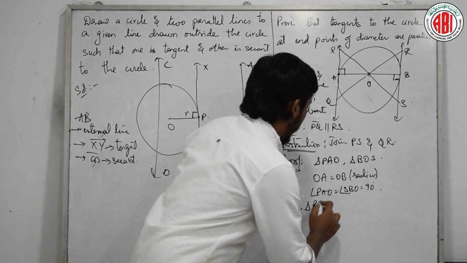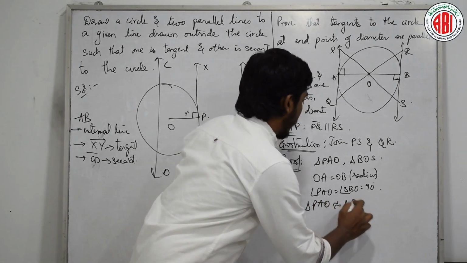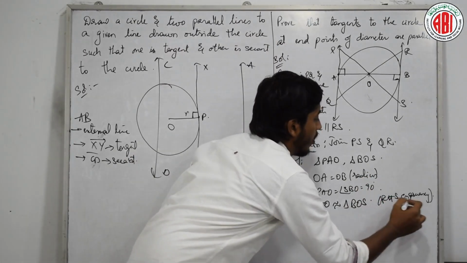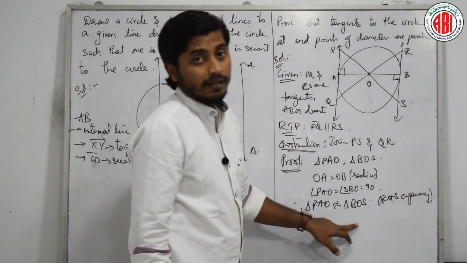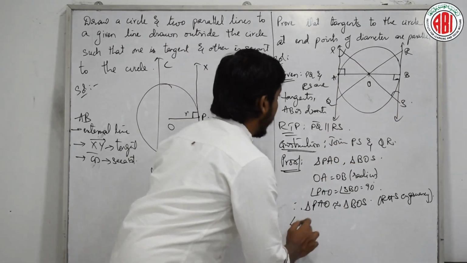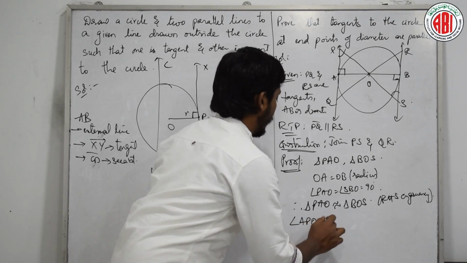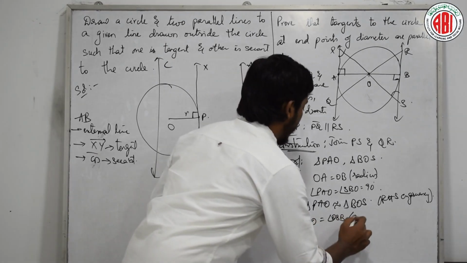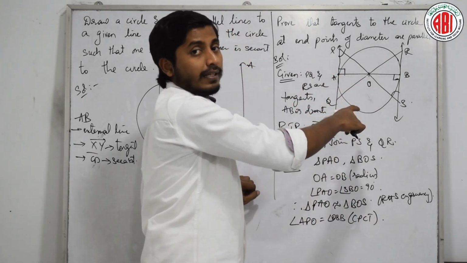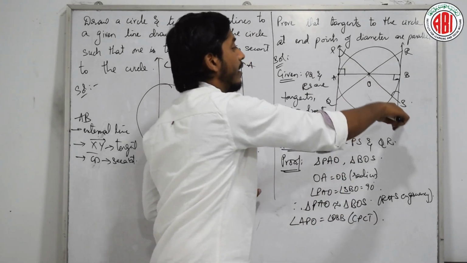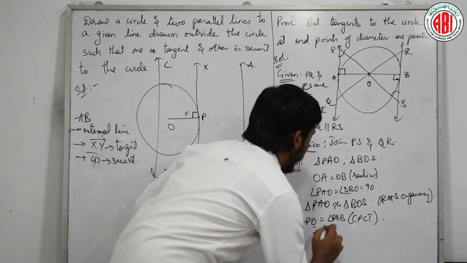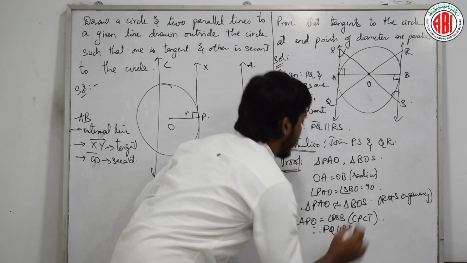Therefore, triangle PAO is congruent to triangle BOS by RHS congruency. Is it clear? Then by CPCT I can write this angle is equal to this angle. Angle APO is equal to angle OSB by CPCT. Now tell me, if alternate angles are equal, then I can tell that these two lines are parallel, right? Therefore, PQ is parallel to RS.